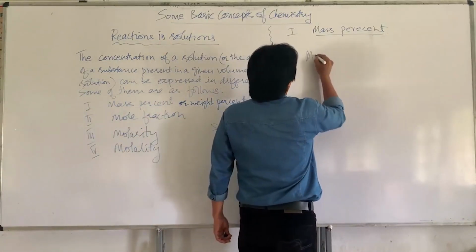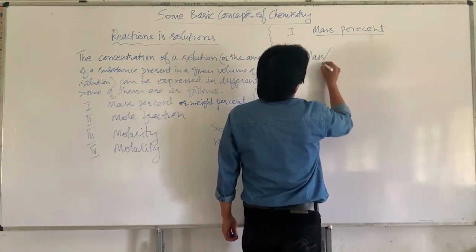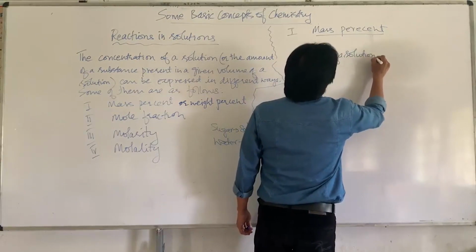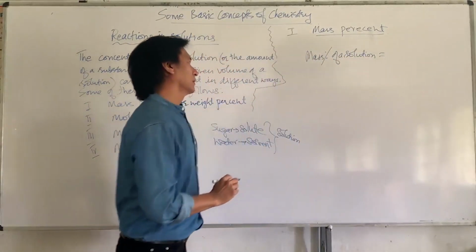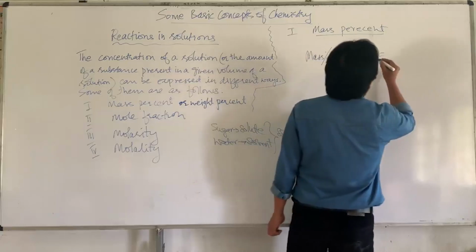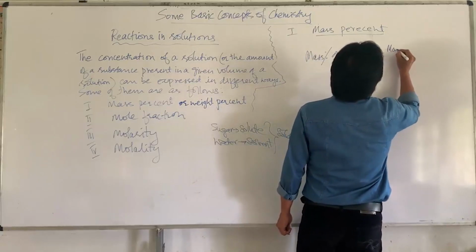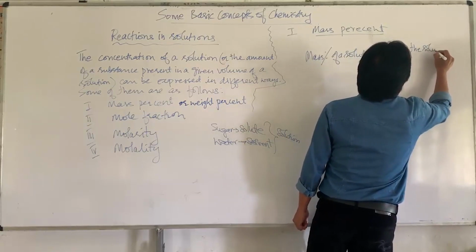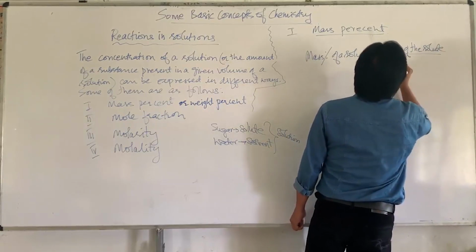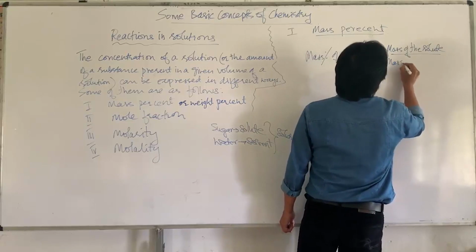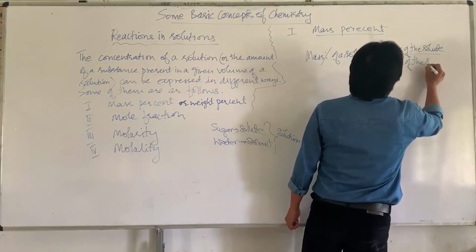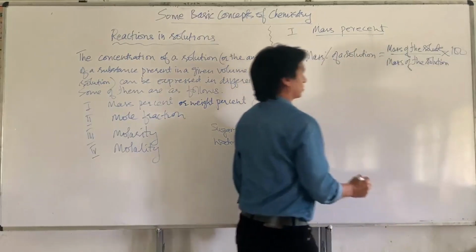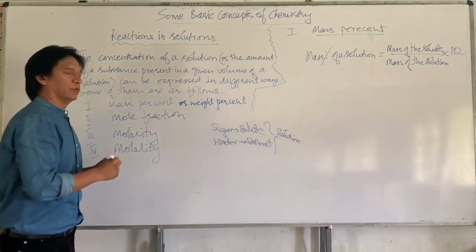Mass percent of a solution is given by the mass of the solute divided by the total mass, that is the mass of the solution, into 100, since it is percent, that is, we're talking in terms of percentage.